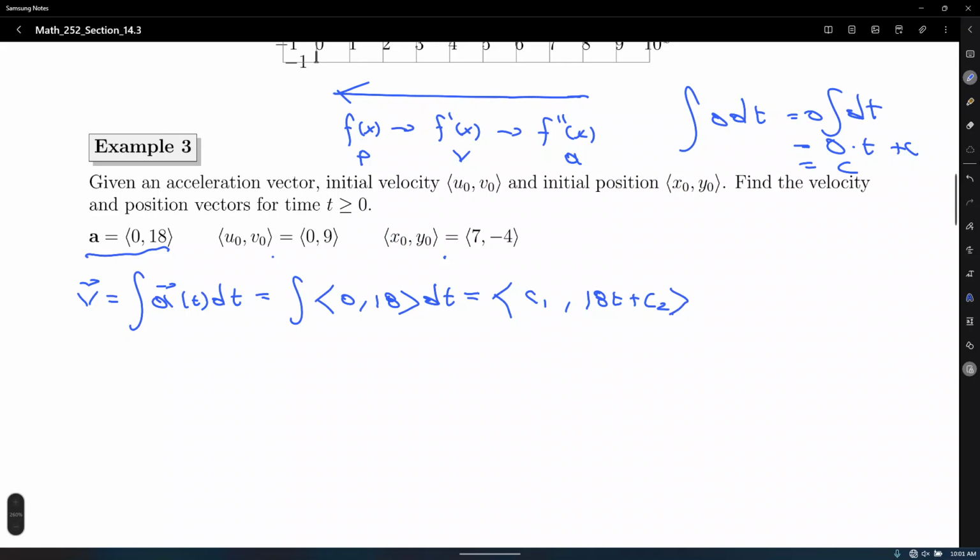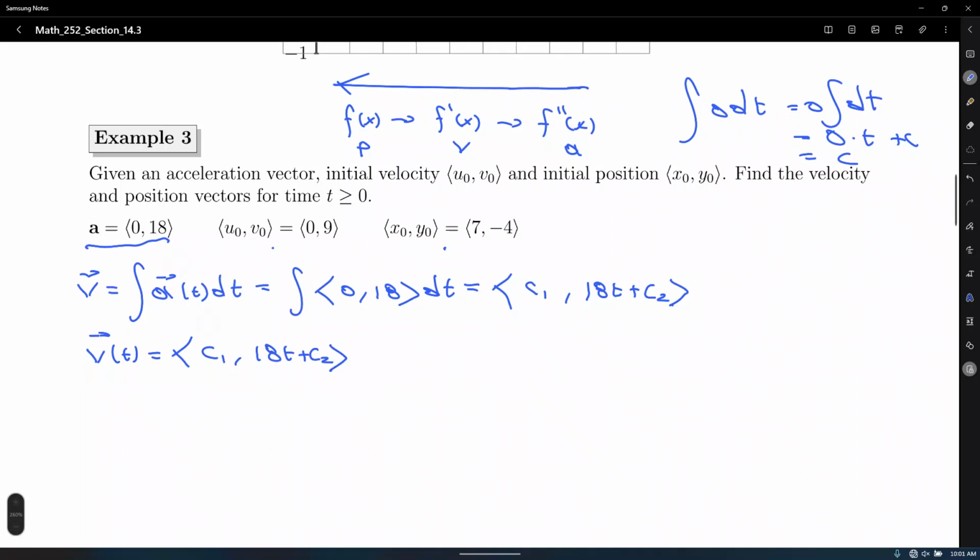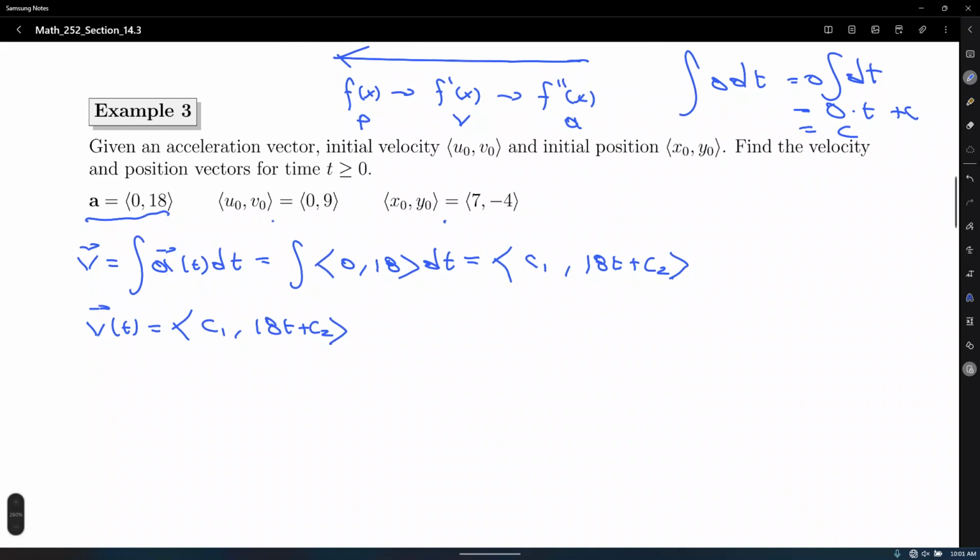So that means this is v of t, that's the velocity, equals c1, comma, 18t plus c2. Okay, so we're going to use the initial condition, but which initial condition? That involving the velocity, the initial velocity, which is denoted v naught, that is 0, 9.